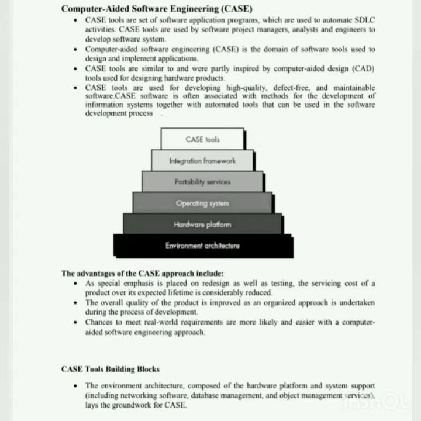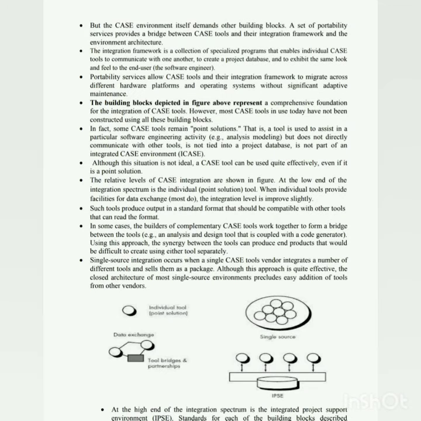Whenever we are using the building blocks, how do we have to use them? If you see another picture, it will be more clear. The building blocks depicted above, whatever we have already discussed, are the foundation of the CASE tools. Now how do we use them? In fact some CASE tools remain a point solution, that means an exact solution is given to us.